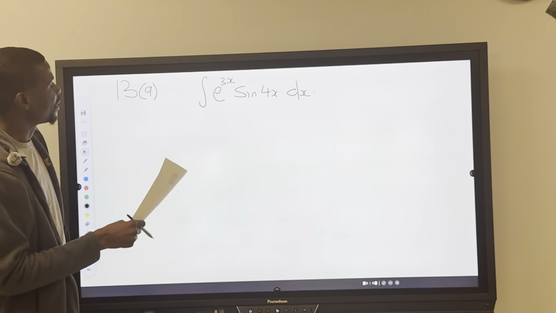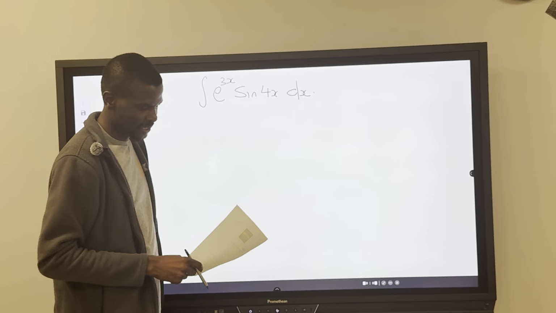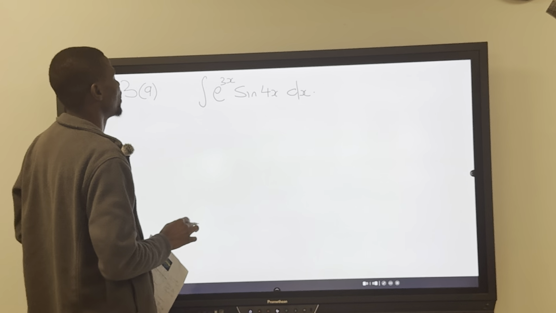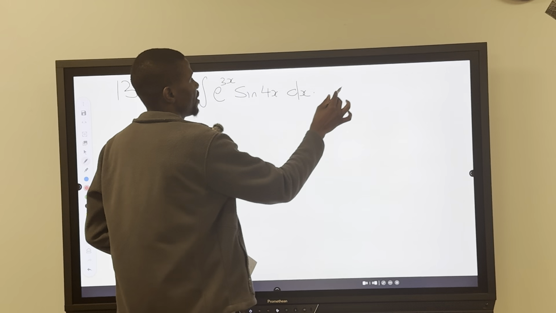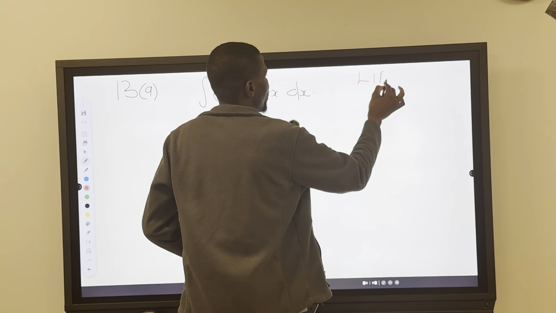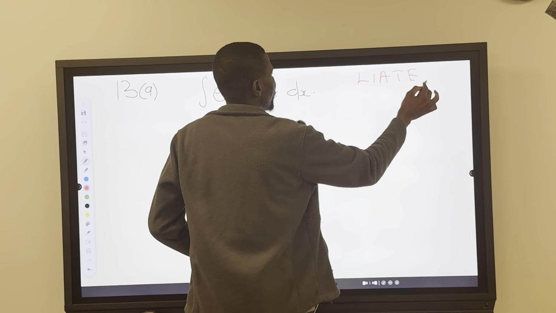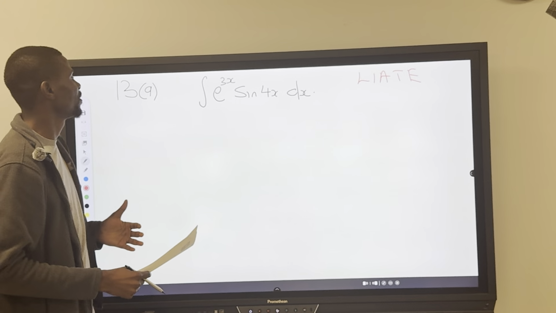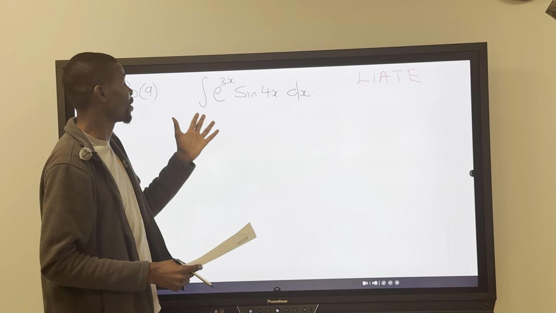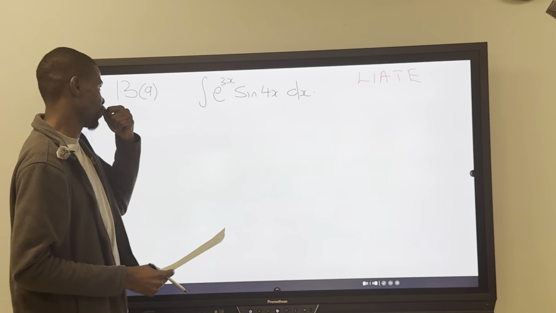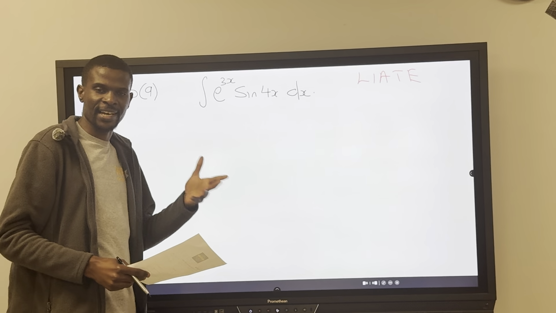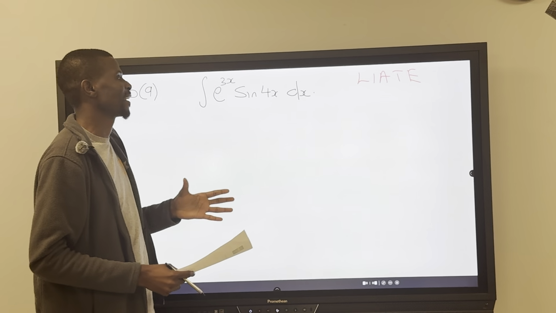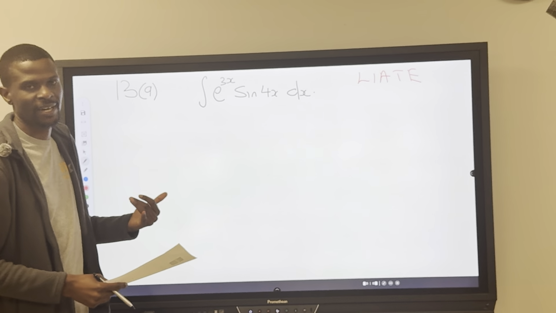So guys, we have that problem on the board, and remember when we solve this question using integration by parts, we apply the LIATE rule with an assumption that we have one of the expressions that will become a constant after performing successive differentiations. But the case is different with this problem now.